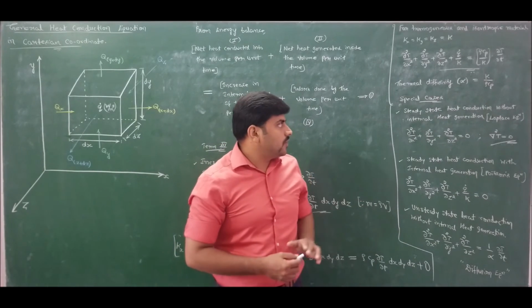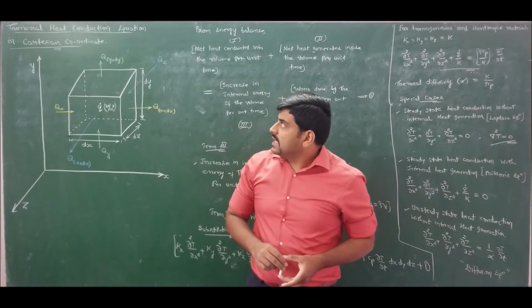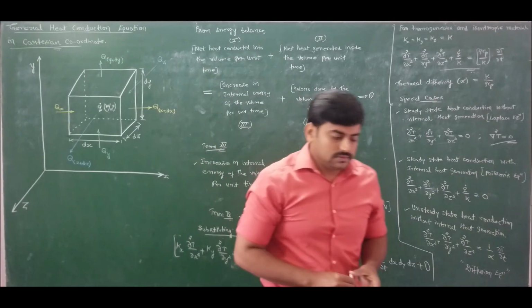Let me pause this video for a while so that people can copy it down. Later we will solve for one dimension heat conduction in Cartesian coordinate for a plane wall.